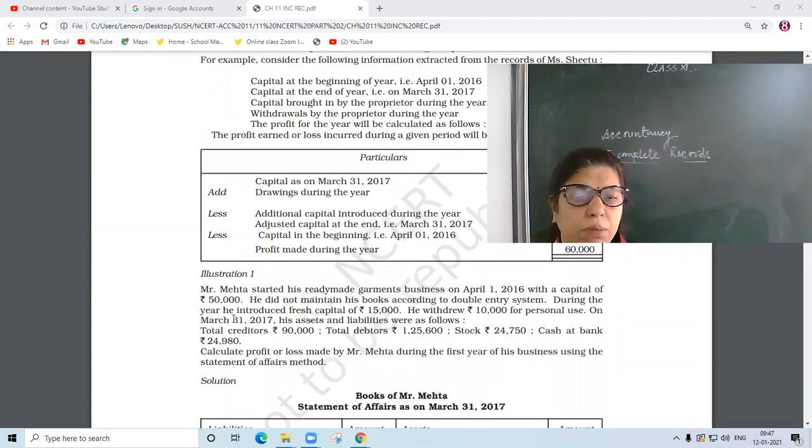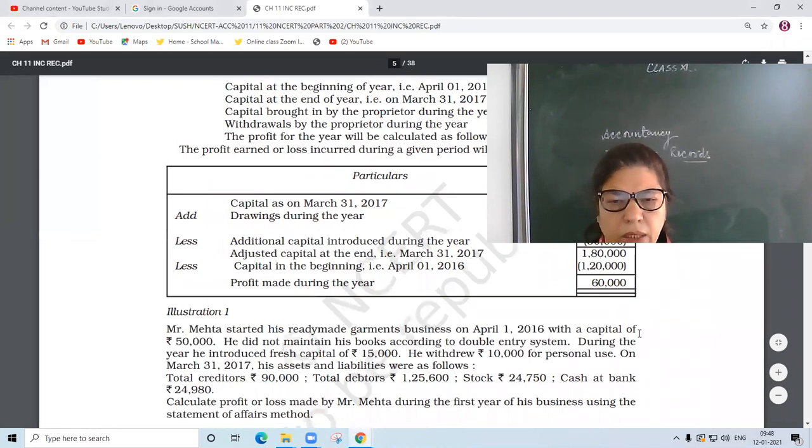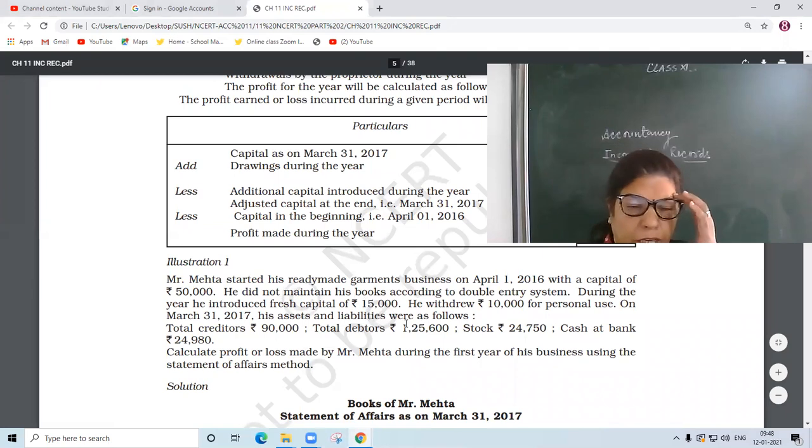See. Mr. Mehta started his ready-made garments business on 1st April with a capital of rupees 50,000. Okay, I am increasing the font. During the year, he introduced fresh capital, meaning additional capital.